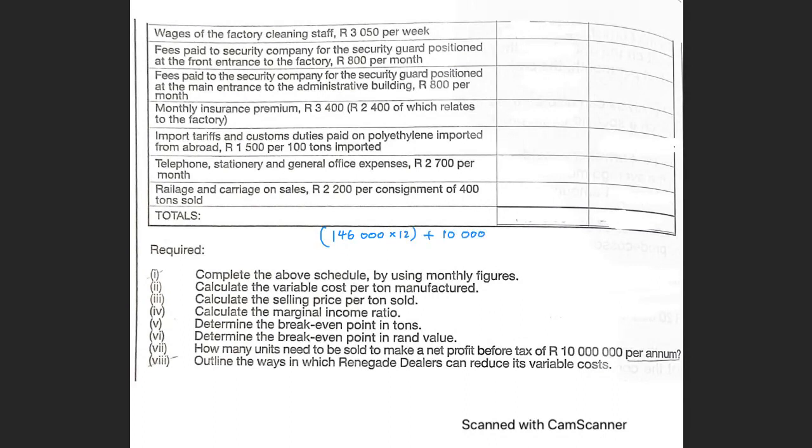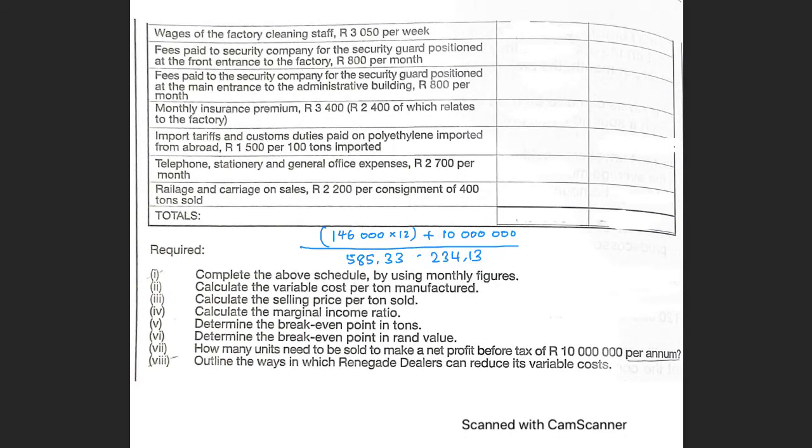You only converted the fixed cost to a yearly figure, and then it was over the 585.33 minus your variable cost, which was 234.13.